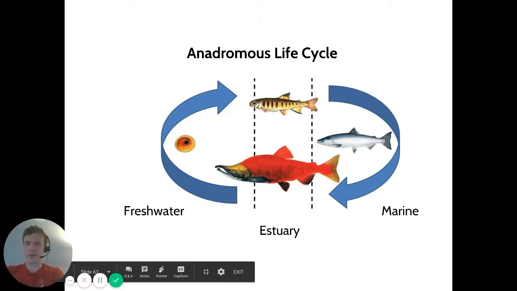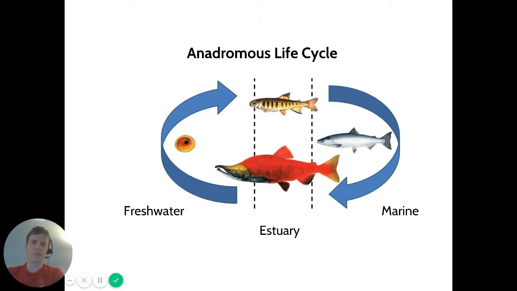Before we get to that, one of the more fundamental impacts that dams can have on the life cycles of anadromous fish is serving as a physical barrier that keeps adult fish from traveling upstream in order to spawn. So the life cycle of anadromous fish, in many cases, involves them being born in freshwater systems, and then traveling from an estuary into a marine environment where they grow up and become adults.